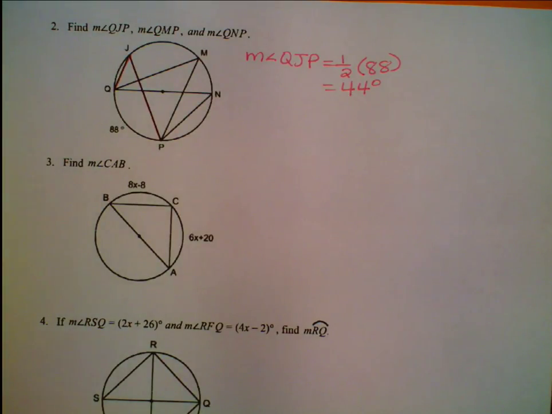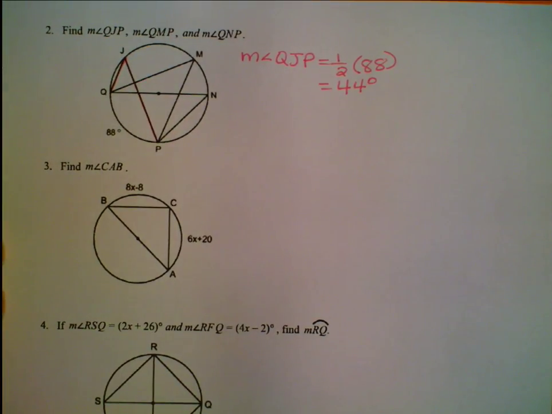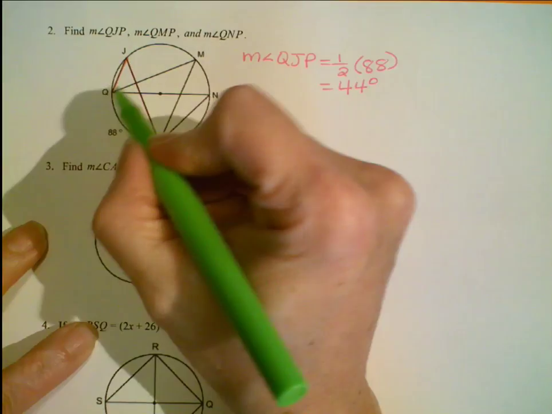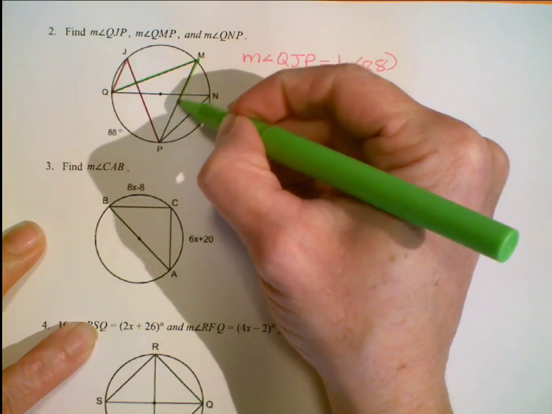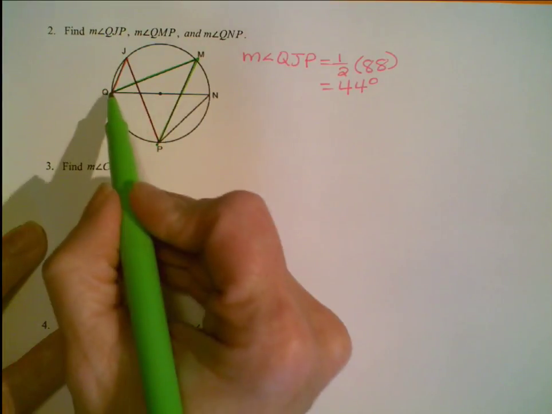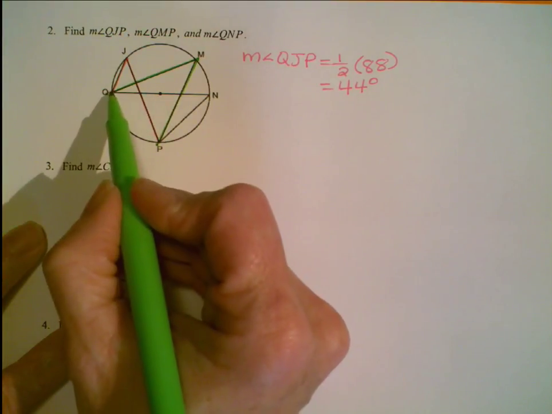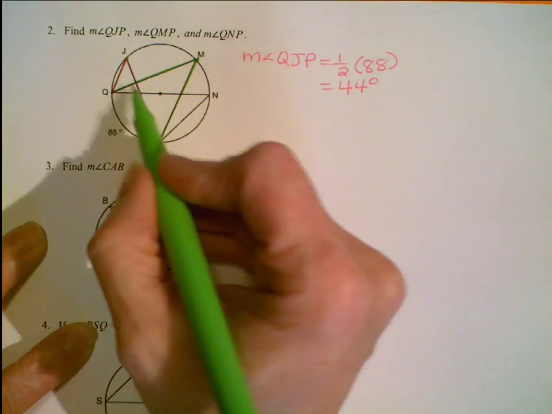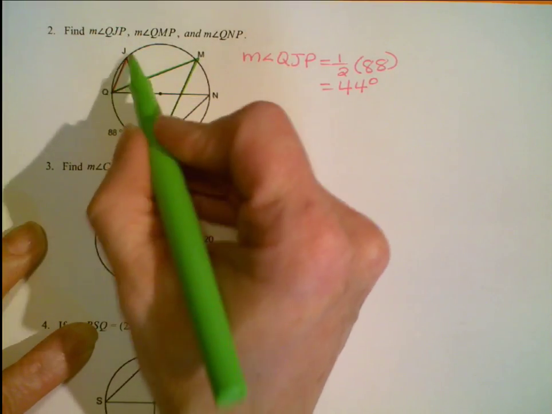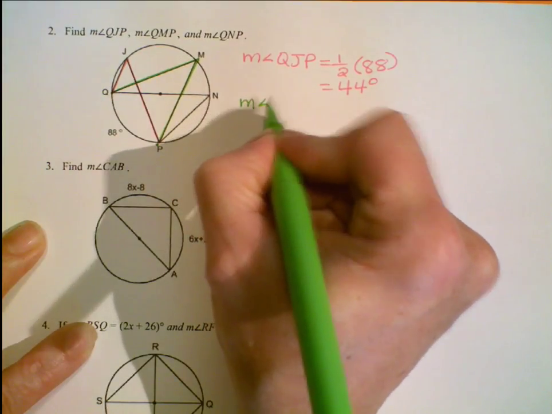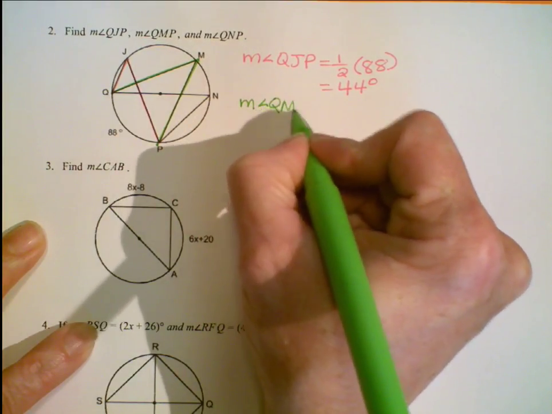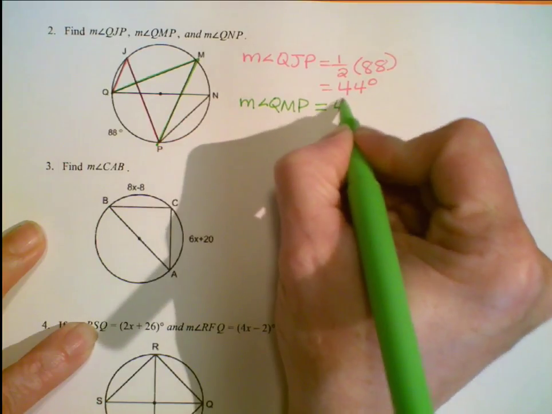Okay, now let's look at the second angle we're asked for. The measure of angle QMP. There again, I can see that it's going to intercept the same arc from Q to P, which means because it intercepts the same arc as the angle QJP that we just talked about, the measure of angle QMP must also be 44 degrees.